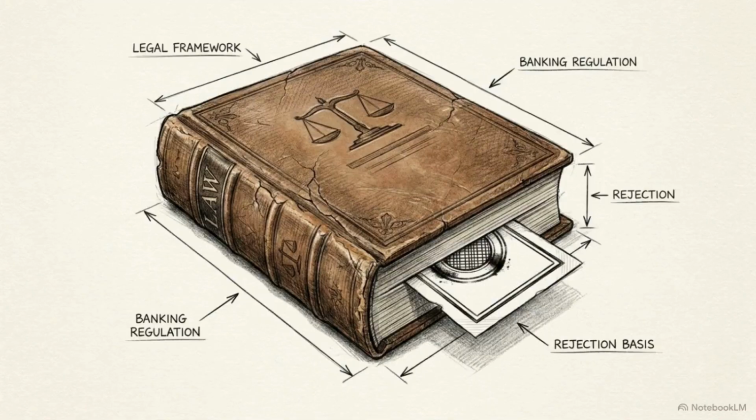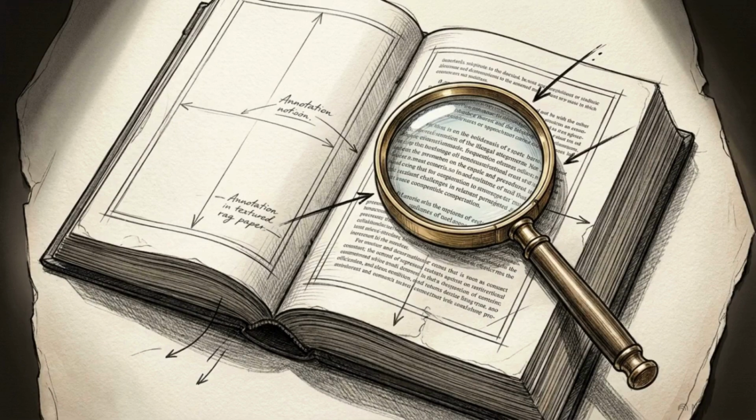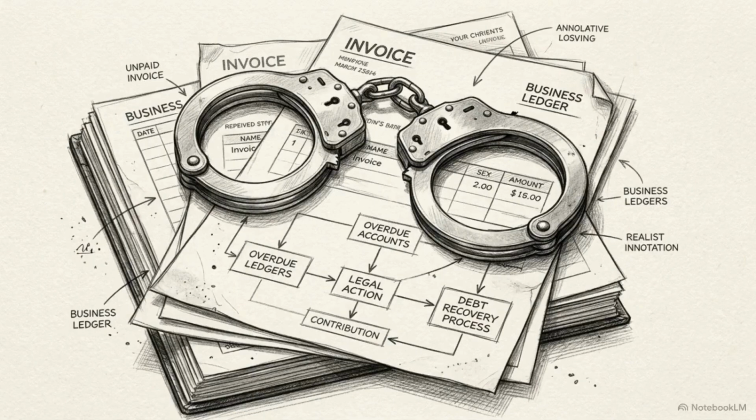The check return memo serves as the legal trigger for a structured statutory dispute under the Negotiable Instruments Act. That dispute is governed by Section 138 of the Negotiable Instruments Act. This is the engine that transforms a civil debt failure into a severe criminal offense.